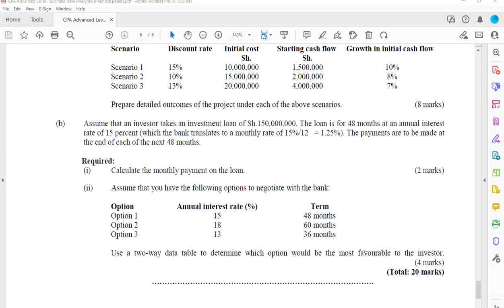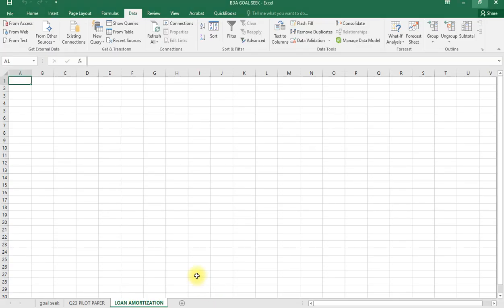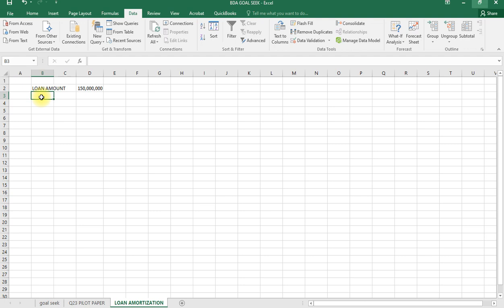So let us go to our Excel worksheet, and we have been given the loan amount, which is 150 million, and we know our interest rate per annum, which we've been told is 15%.